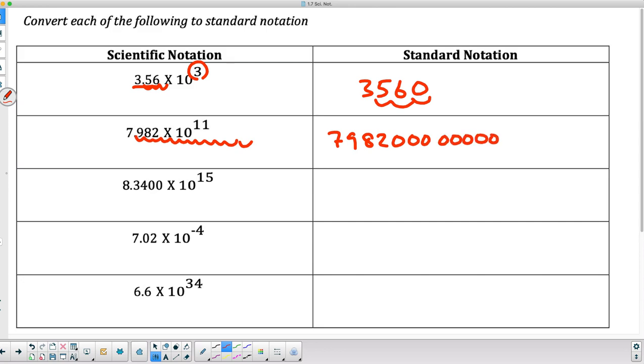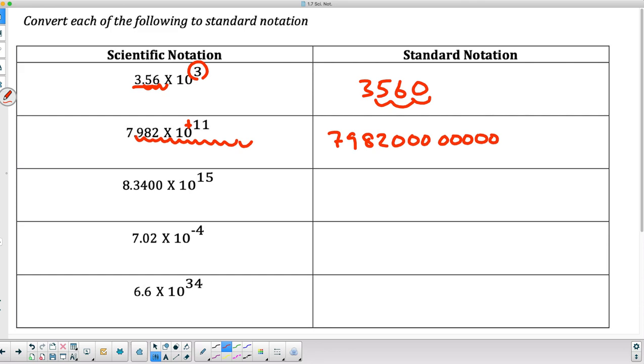I can check that by going 1, 2, 3, 4, 5, 6, 7, 8, 9, 10, 11, and 11 jumps is correct. Because my exponent is positive, that means I'm jumping to the right to make the number larger.